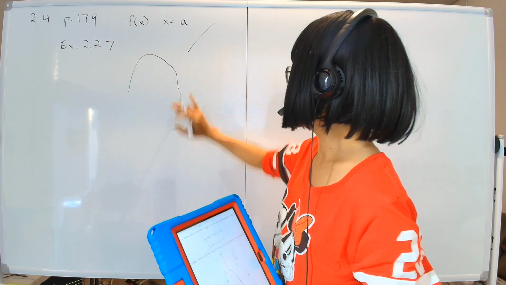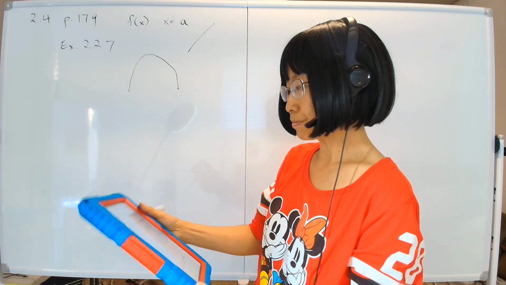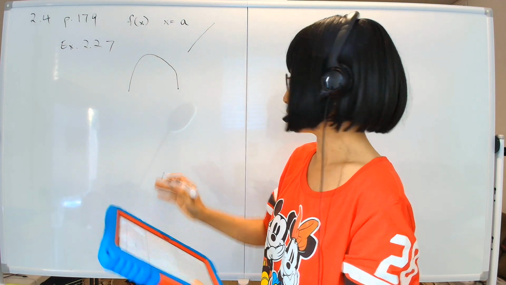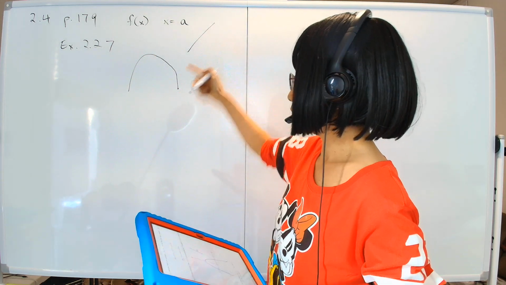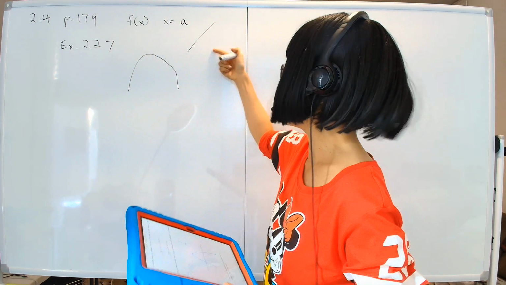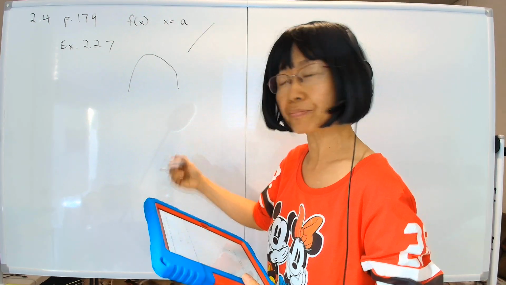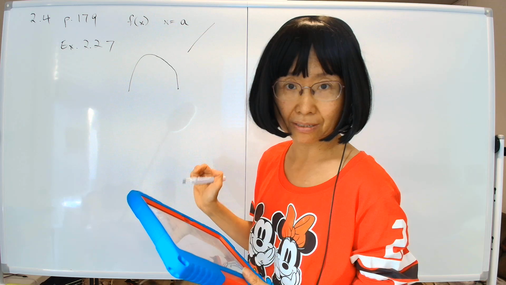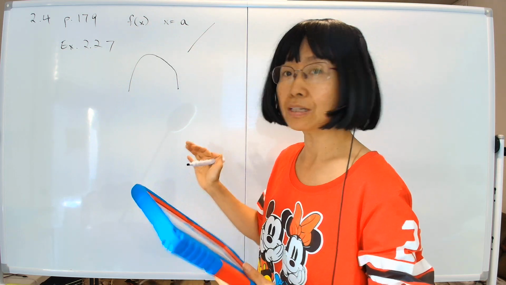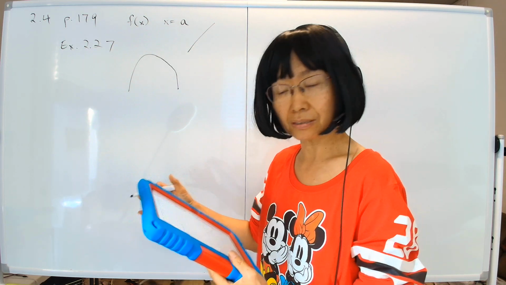When that happens, the limit doesn't exist, because the limit only exists if the left side limit and the right side limit are the same. Otherwise you say the limit doesn't exist. Although the left and right side limits exist by themselves, if they don't equal, the overall limit doesn't exist.